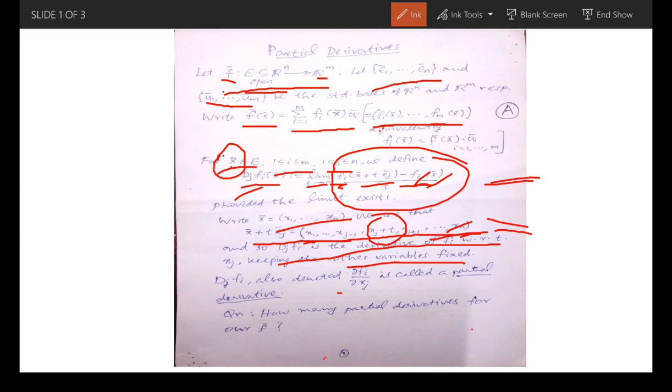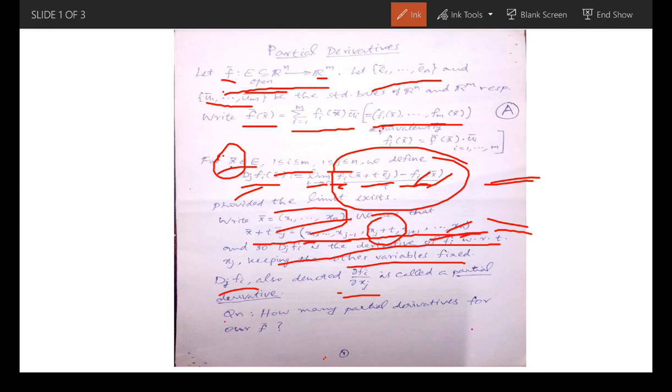So dj fi is the derivative of fi with respect to xj, keeping the other variables fixed. That is also denoted by dou fi by dou xj, and it is called a partial derivative.